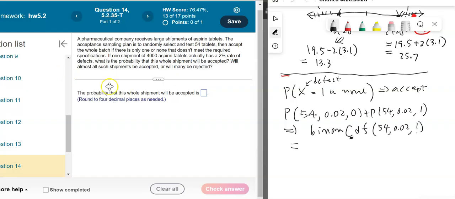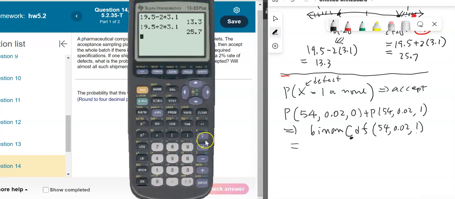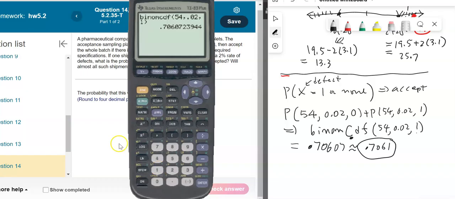So go to the calculator, second bars, binomCDF. It is 54, 0.02, 1. Okay. So it is 0.706, to 4 decimals approximately 0.7061. That is the proportion accepted.